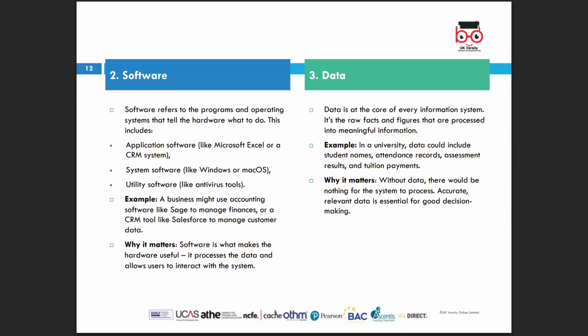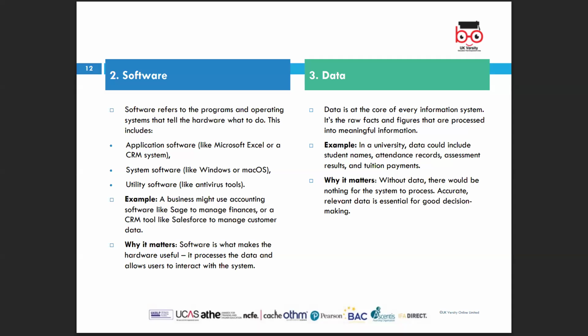For example, a business might use accounting software like Sage to manage finance, or CRM tools like Salesforce to manage customer data. Why this matters? This software is what makes the hardware useful, and it processes the data and allows users to interact with the system.